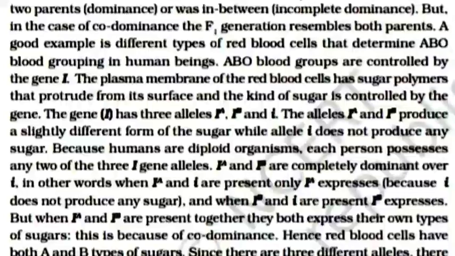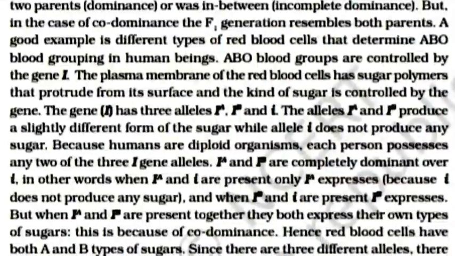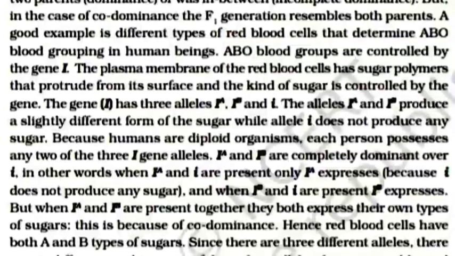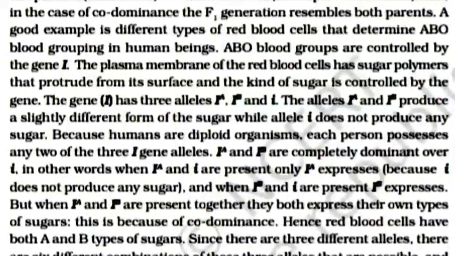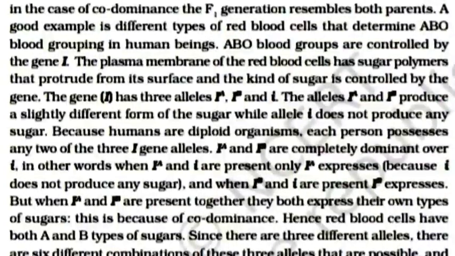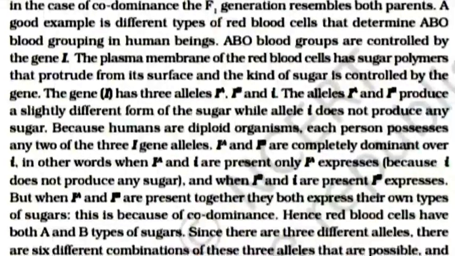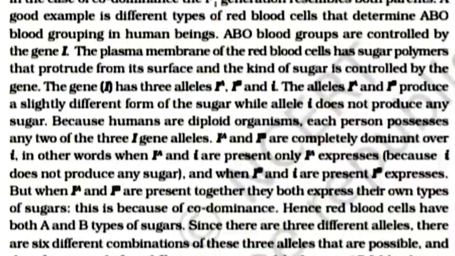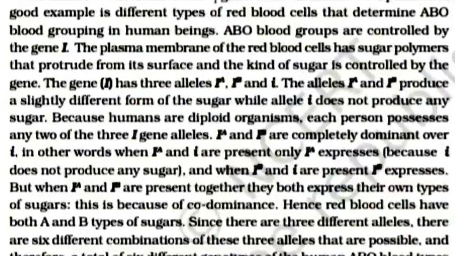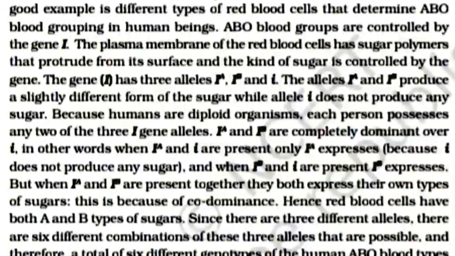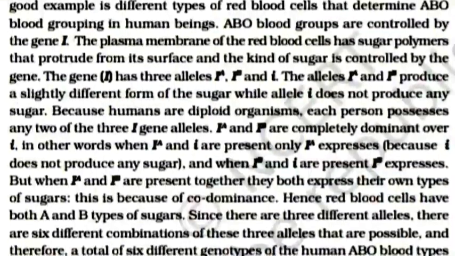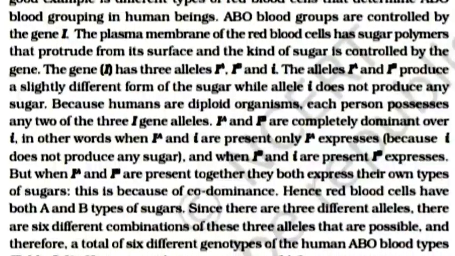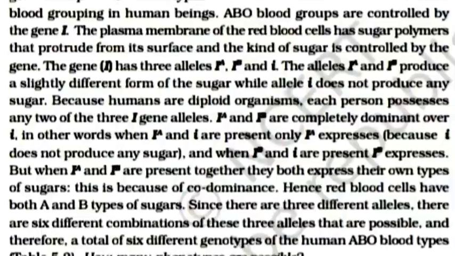I A and I B are completely dominant over small i. In other words, when I A and small i are present, only I A is expressed, because small i does not produce any sugar. And when I B and small i are present, I B is expressed. But when I A and I B are present together, they both express their own types of sugar.